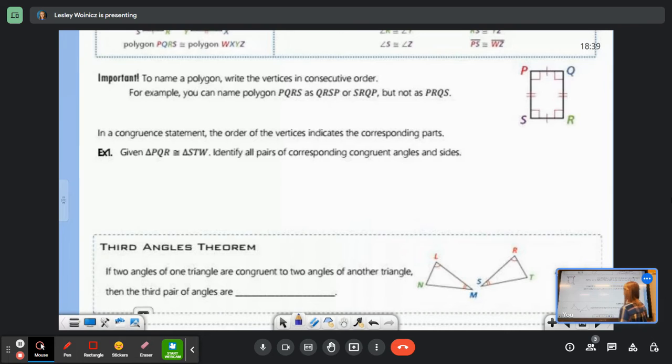We do need to say this. To name a polygon, we have to write the vertices in consecutive order.